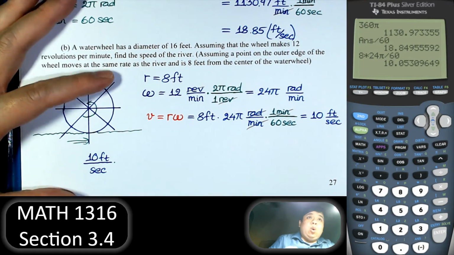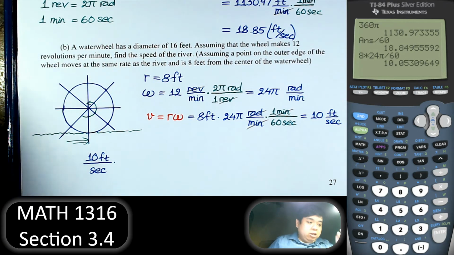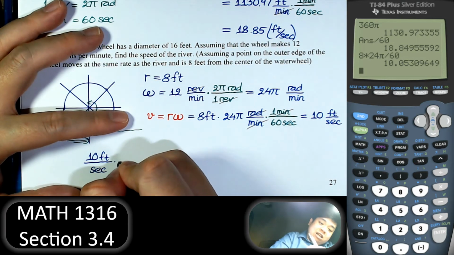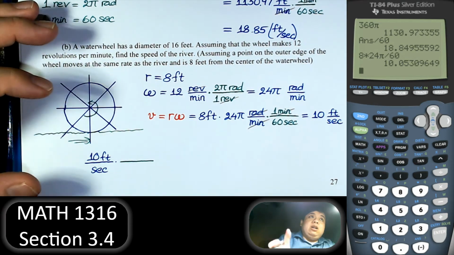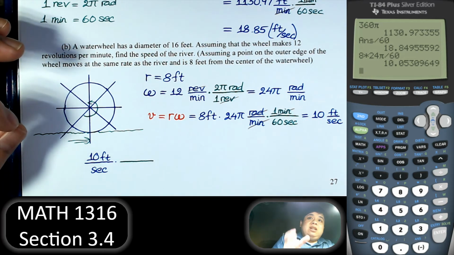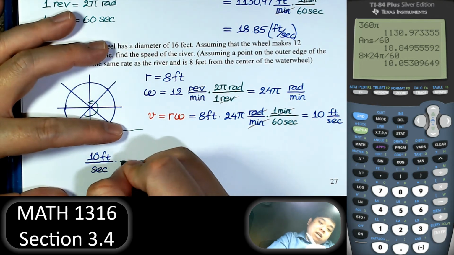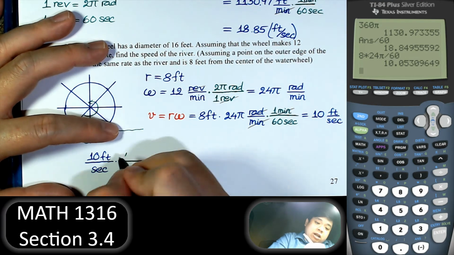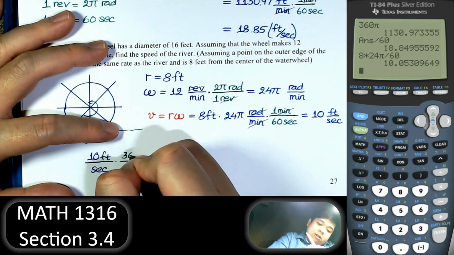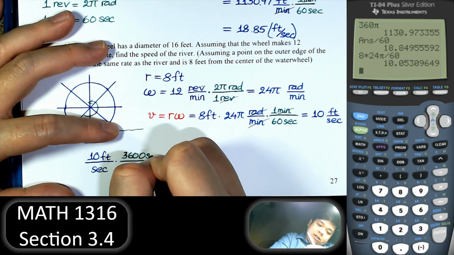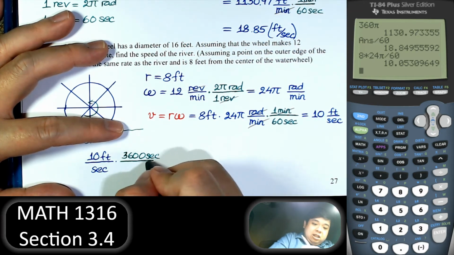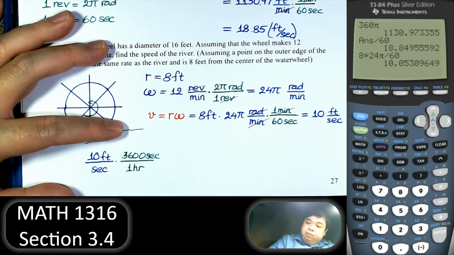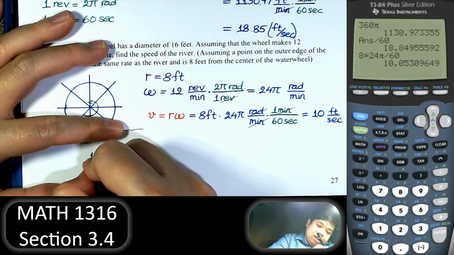Now convert to miles per hour. So how many seconds in an hour? 60 seconds in a minute, 60 minutes in an hour. So in 1 hour, that will be 3600 seconds. I have to put the second on top so it will cancel with the second at the bottom. 1 hour will be at the bottom. Now the second will cancel out.